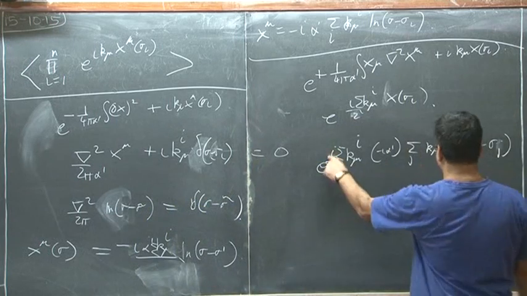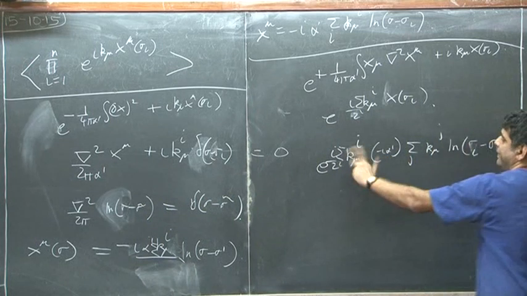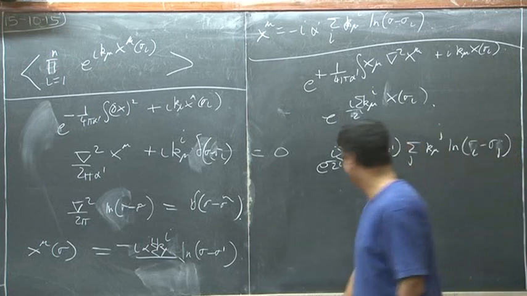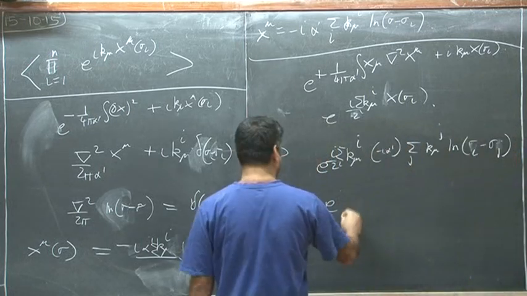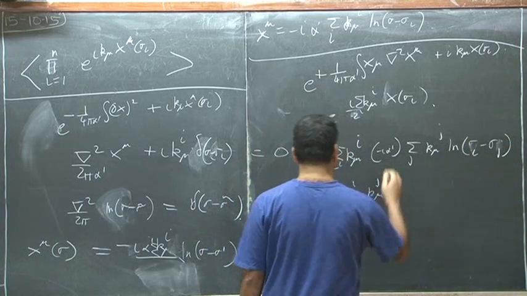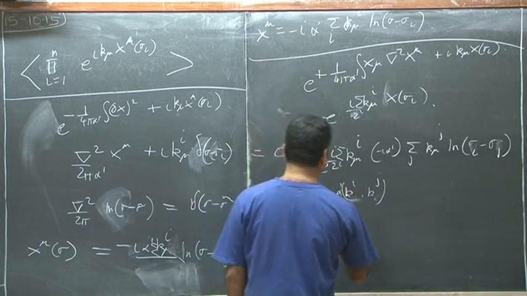For the other terms, we've got i times minus i, so that's 1. We've got a half, and then we should sum over all pairs, so that summation over pairs kills the half. So we get e to the power k mu i dot k mu j. So ki dot kj with an alpha prime, sum over pairs.